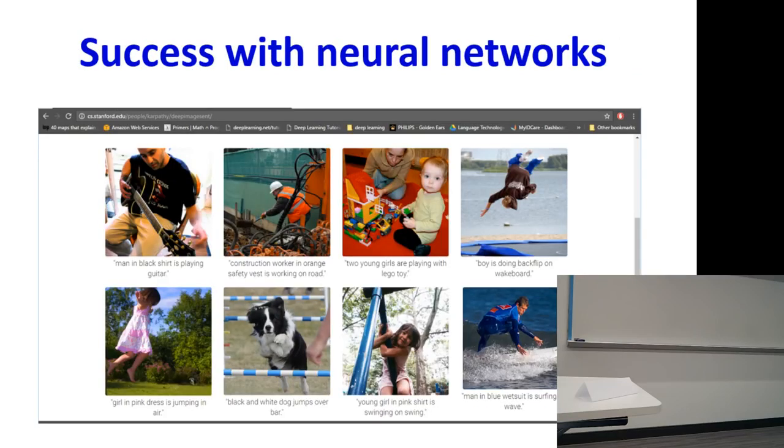Now, here's another really fancy result with neural networks. Now this result is old. The latest result on this kind of stuff is much better. These are pictures, and this is a man in a black shirt playing a guitar. This caption wasn't written by a human being. That was produced by a computer. That was produced by a deep neural network.